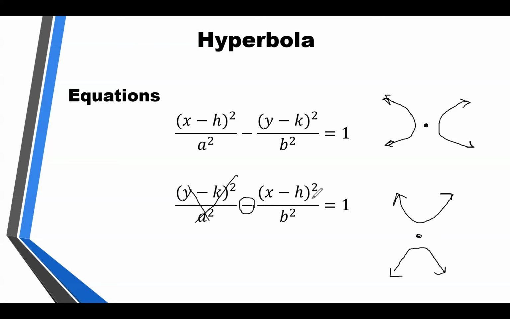And because of the squares, these will always be positive. So that's how I remember which way my hyperbola is pointing. When the x component is positive, then we're pointing right and left. When the y component is positive, then I'm pointing up and down.